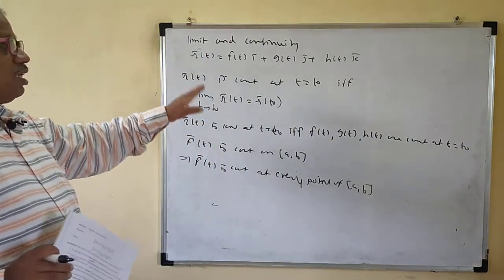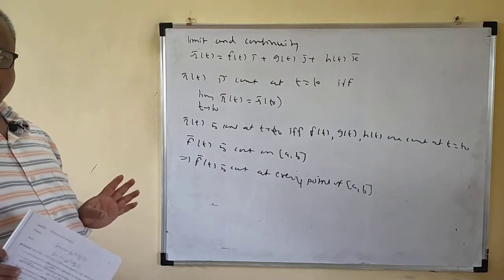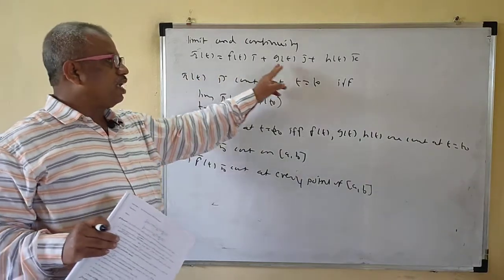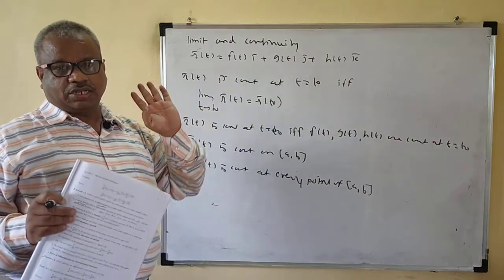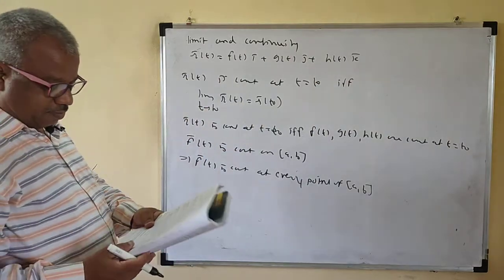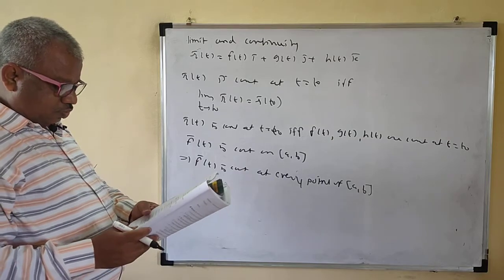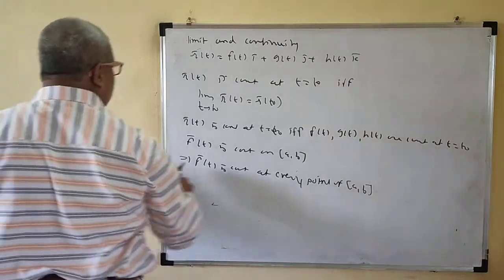So r bar of t is continuous means f of t, g of t, h of t are continuous on [a, b], that means at every point of [a, b]. So you should remember this.